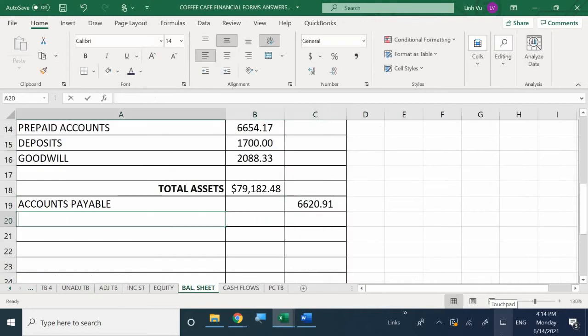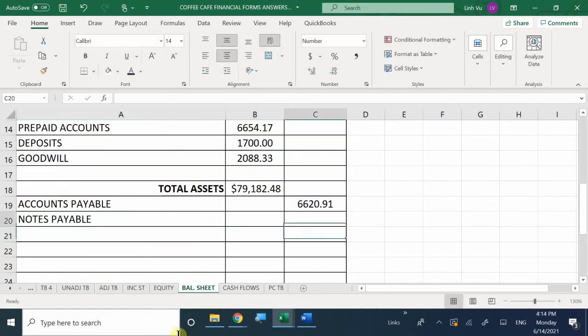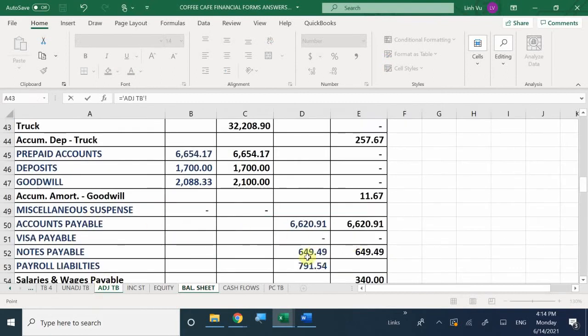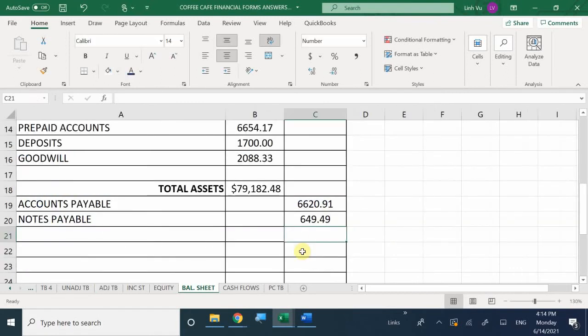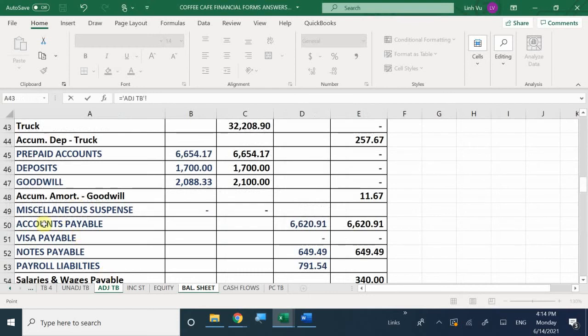Okay. Next account here. Visa payable has 0 balance, so you don't need to put that in there. What's after that? Notes payable, 649.49. Okay, what's next? Payroll liabilities for 791.54.